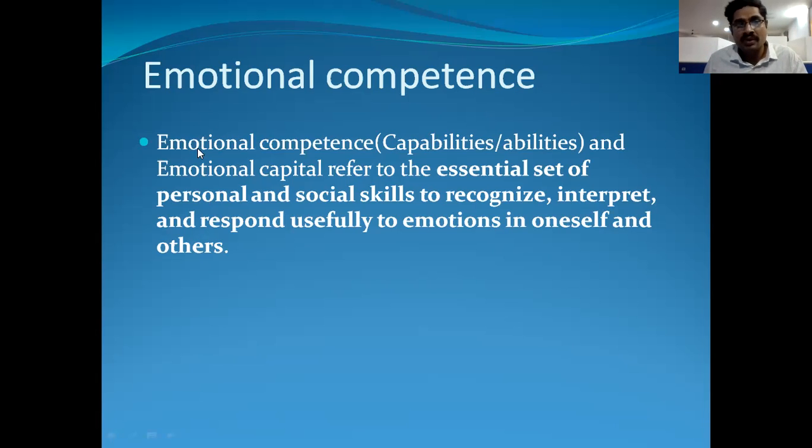So once again, I want to repeat it. Emotional competencies means capabilities or abilities, and this refers to the essential set of personal skills as well as social skills. We should identify these two things, personal skills and social skills, so identify, interpret or put into action, and respond usefully to the emotions in oneself, meaning ourselves, and others.